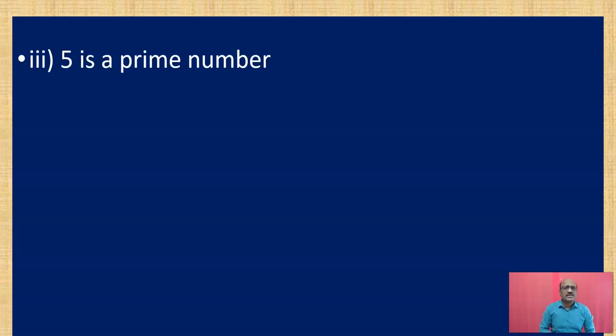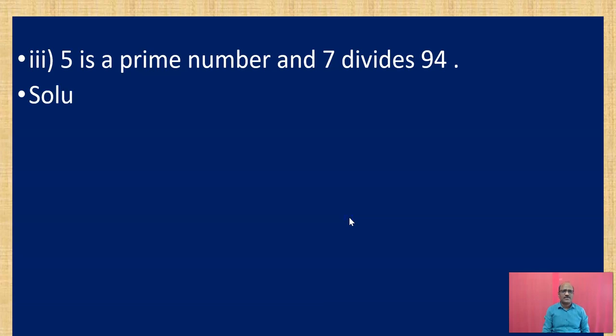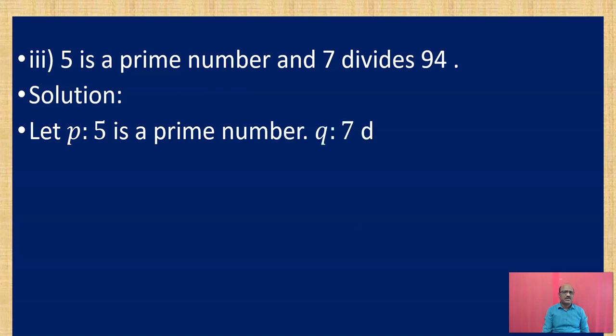5 is a prime number and 7 divides 94. The first P is 5 is a prime number, Q is 7 divides 94.